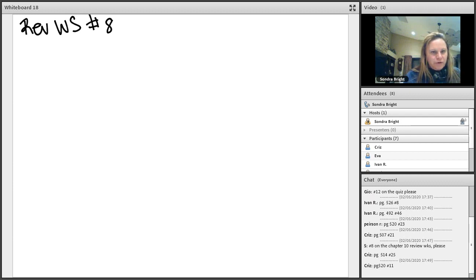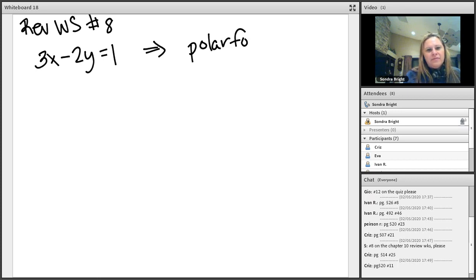It says convert 3x minus 2y equals 1. Convert this to polar form. By the way, the directions on there just said convert rectangular to polar or polar to rectangular. How do I know that I need to convert to polar?